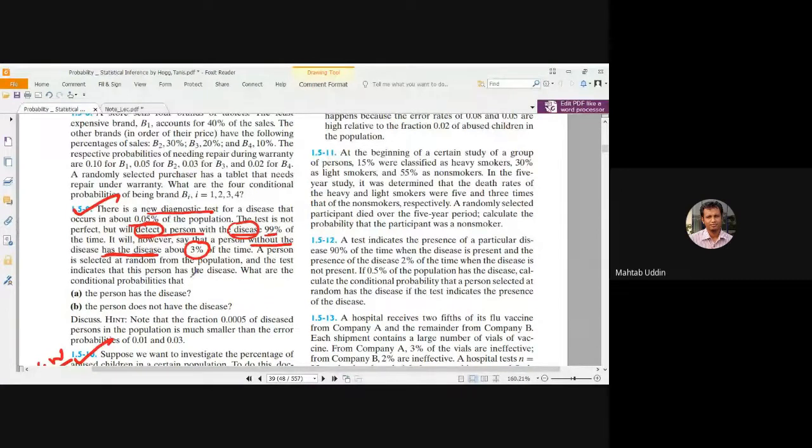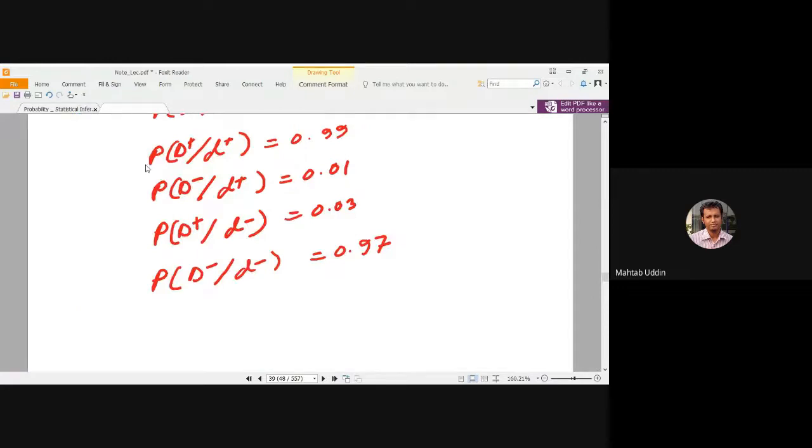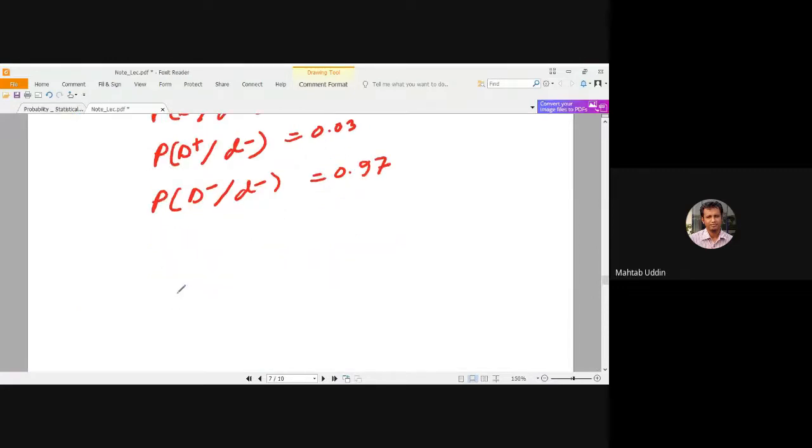Already tested, this is detected. What is the conditional probability that the person has the disease, or does not have the disease? Two things have to be found. First, we find the total detect, D plus. D plus is possible if the disease is present and we can detect it. Am I right?